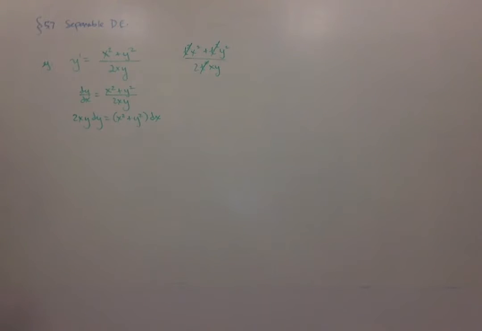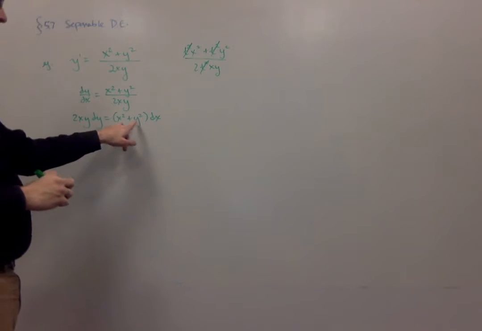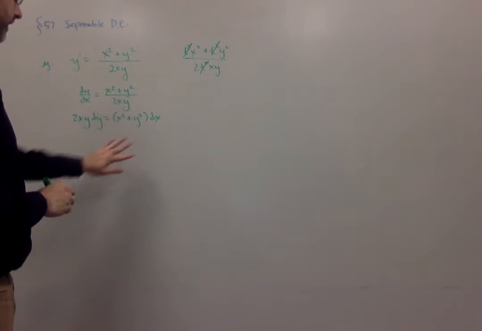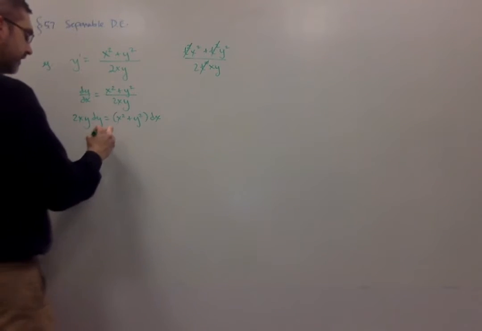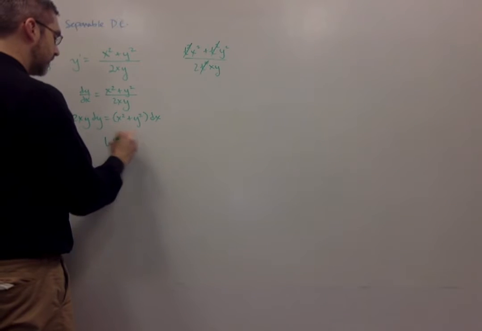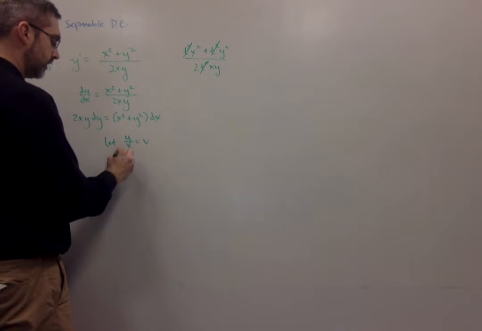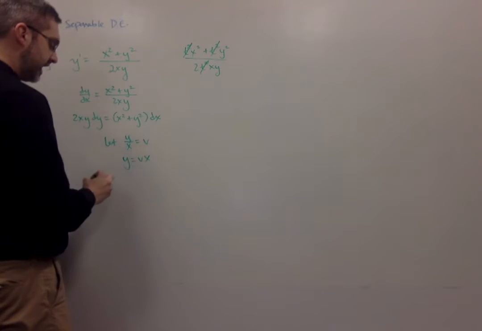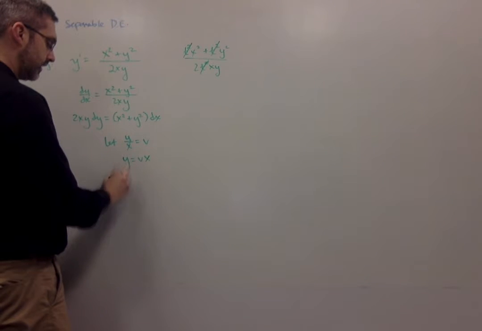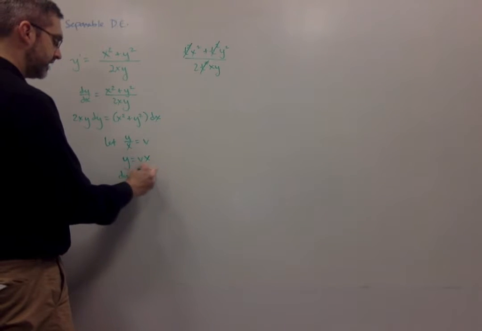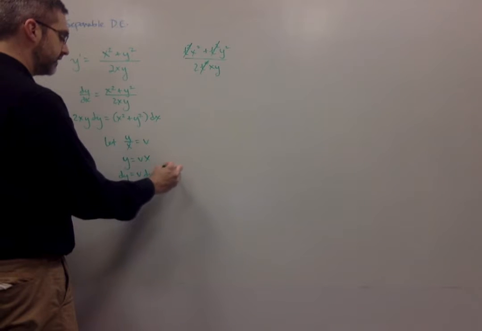And again, you can see I can put the x over here, but this thing is going to be messed up. I can't separate this. So what we're going to do is we're going to let y over x be this other function that we're calling v. So y equals vx, and our dy is v dx plus x dv.